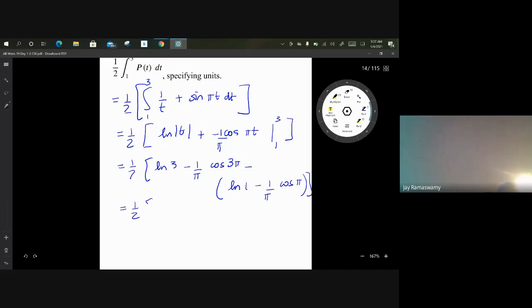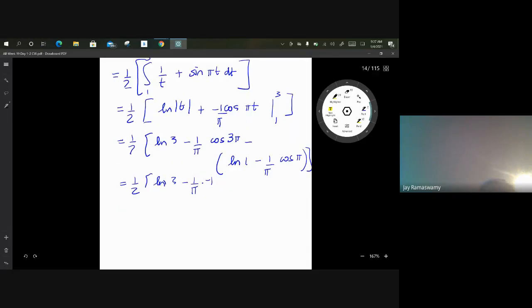Okay, let's simplify. 1 over 2 ln 3. I'm doing this so I don't hold the class back. Cos 3 pi is cos pi, which is negative 1. Who remembers what's ln of 1? 0. And then cos pi is also negative 1.